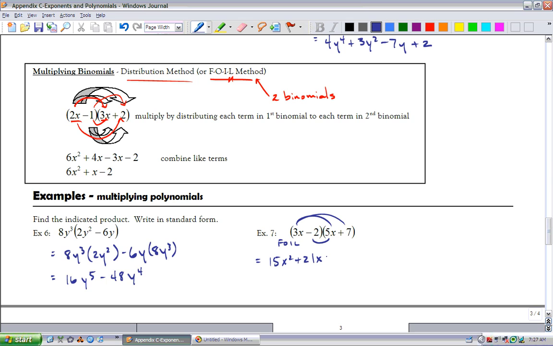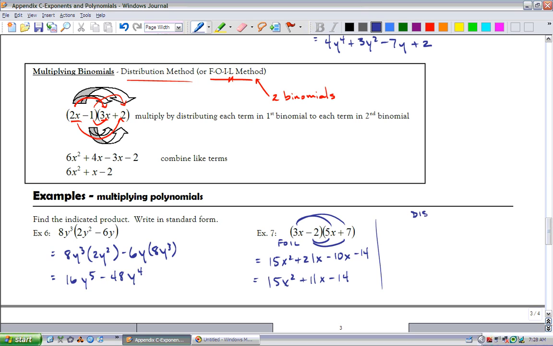Negative 2 times 5, which is negative 10x. Or negative 2 times 7, which is negative 14. Usually these two middle terms will add up. So we get 15x squared plus 11x minus 14. Now that's by the FOIL.